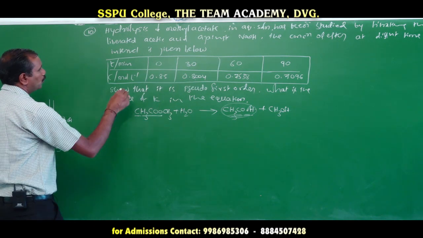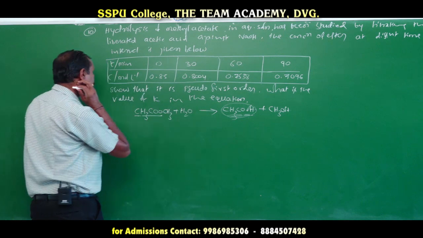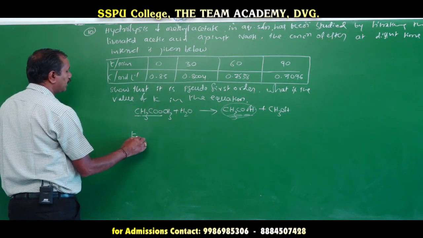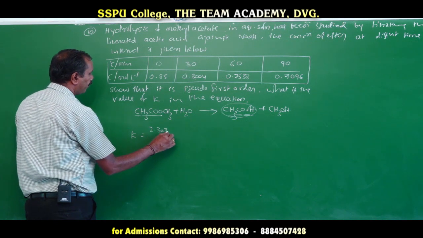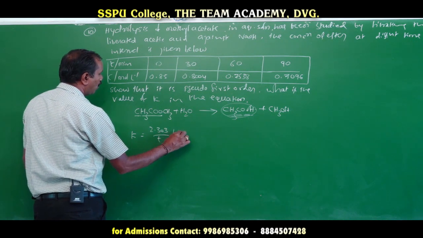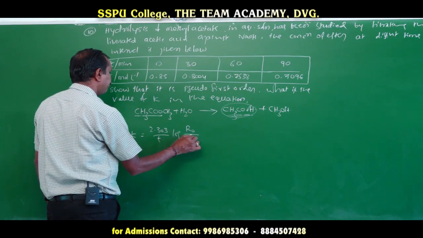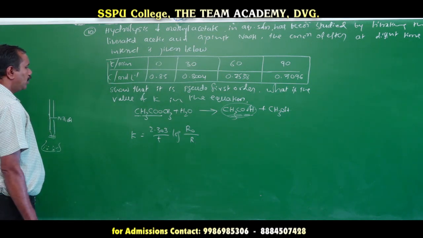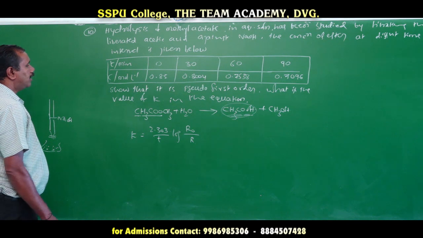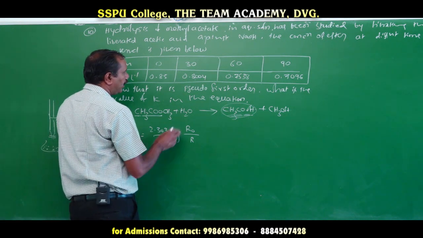So, how to show that it is first order? The first order kinetic rate constant is calculated using the formula K = 2.303/t log(R0/R) at different time intervals. Let us see how to calculate the K value at the 30th minute.